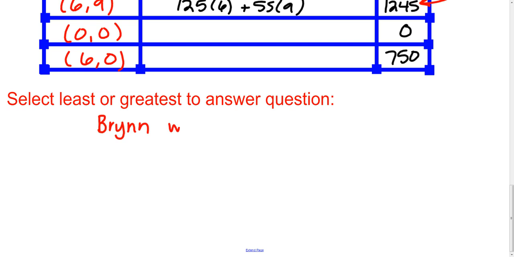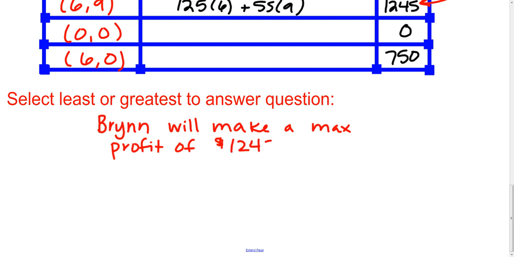Bryn will make a max profit of $1,245 when she does, okay, and here's the coordinate that goes along with that.